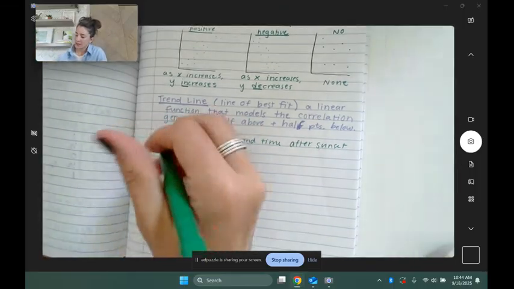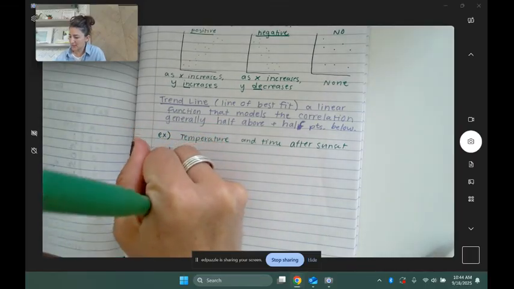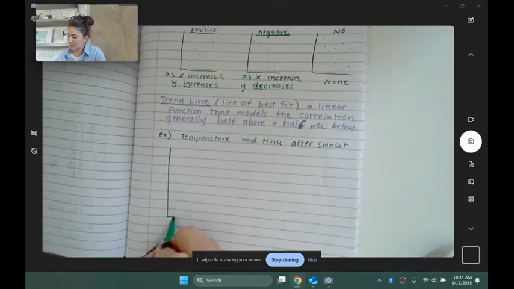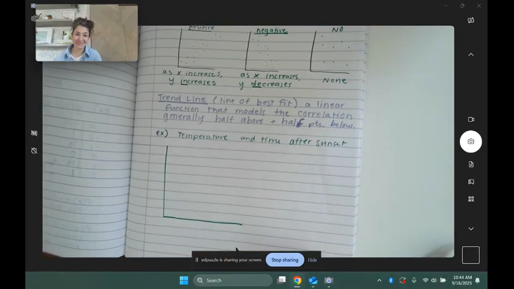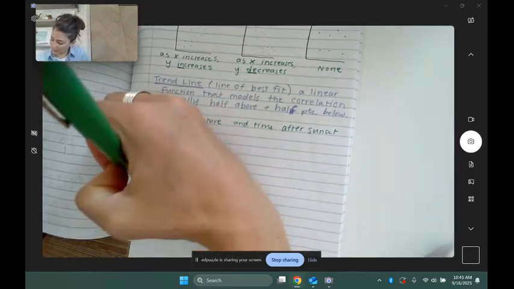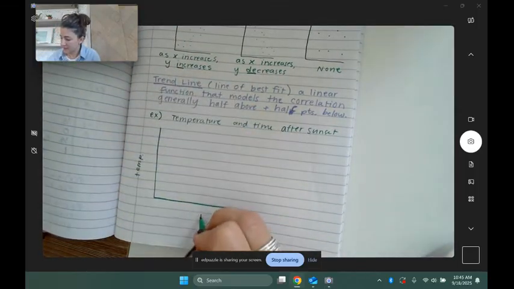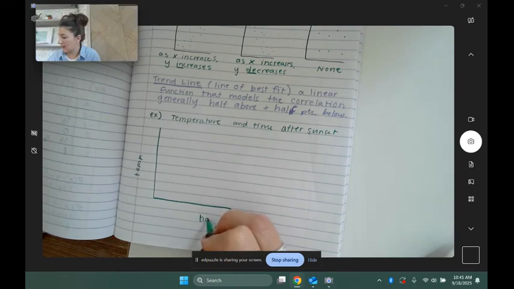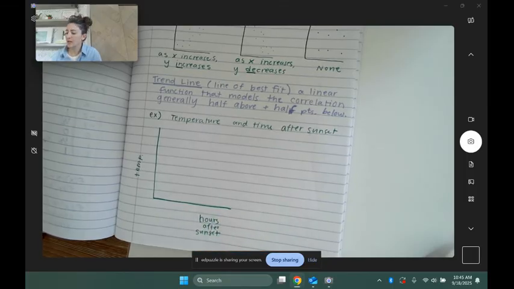Think about real quick what type of correlation this is. If all of the points are generally going down, it's going to be a negative correlation. Temperature on the y-axis, hours after sunset on the x-axis.